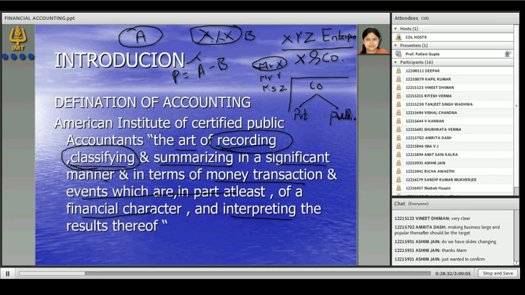Okay, I said monetary transactions need to be recorded. Question for all of you. Whatever accounting we will do, we will do it for a company, for the business. Now, let's say your company, in which you are working, got the award for the best corporate governance practices.